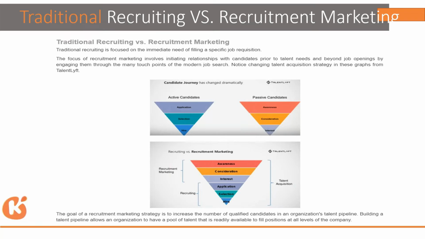All right. Now, what is this whole thing between recruitment marketing versus recruitment management? First of all, if you look at this diagram, you have a candidate journey. All right. So what is a candidate journey?